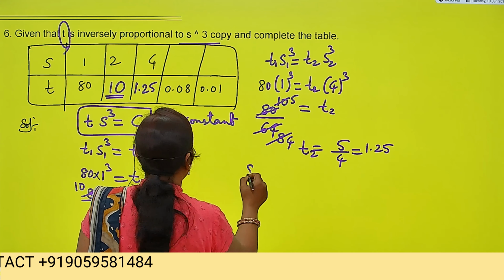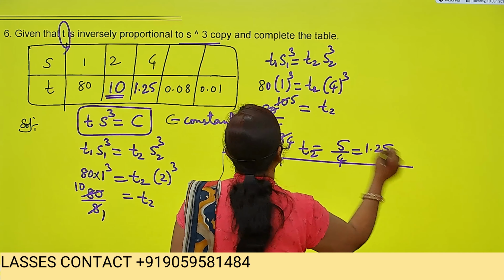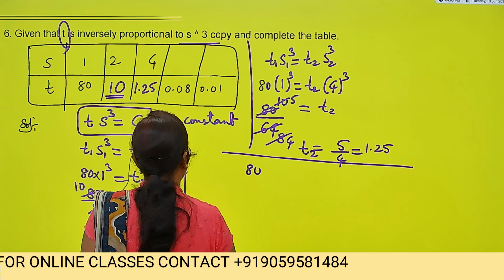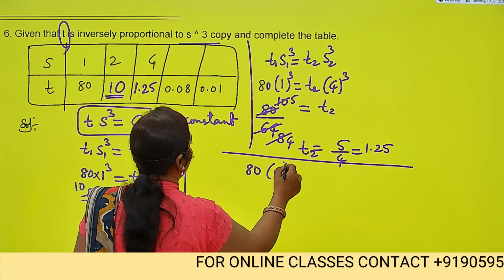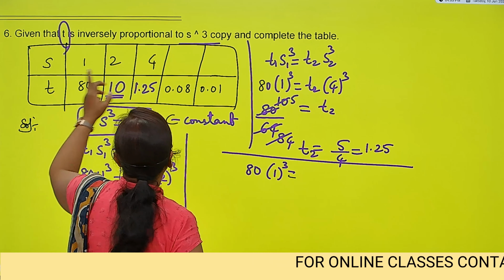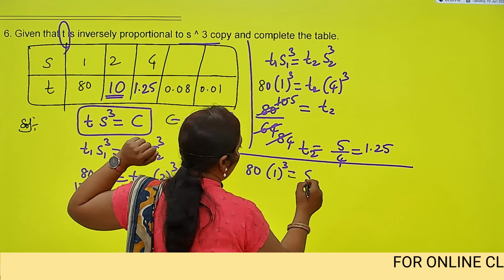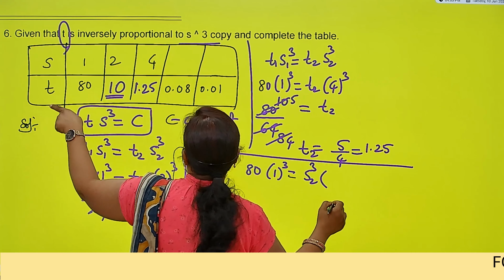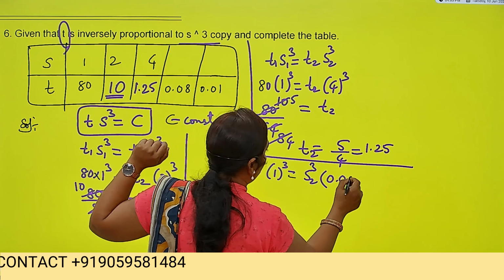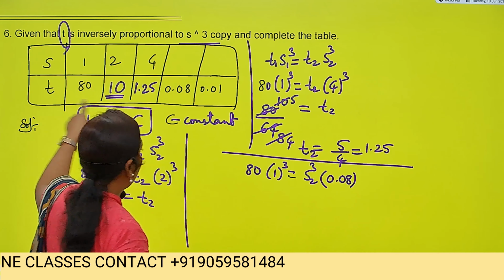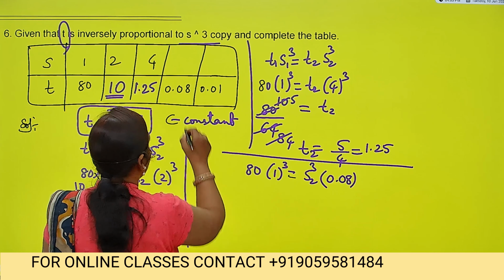Next, in the third case, T1 is 80, S1 is 1 cube, equal to S2 cube which we don't know, and T2 is 0.08.